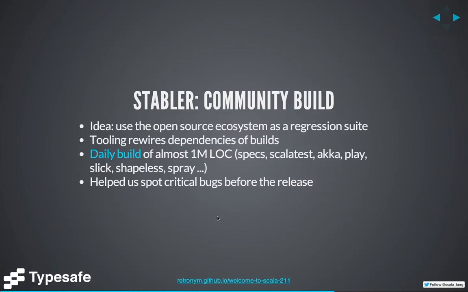And dbuild can check out all of these projects from Git, inspect their SBT builds to understand the graph of interdependencies between them, and rewire these builds such that they are not only building against the latest Scala compiler, but also building against the just built versions of each other, and executing the tests, doing this all on a nightly basis.